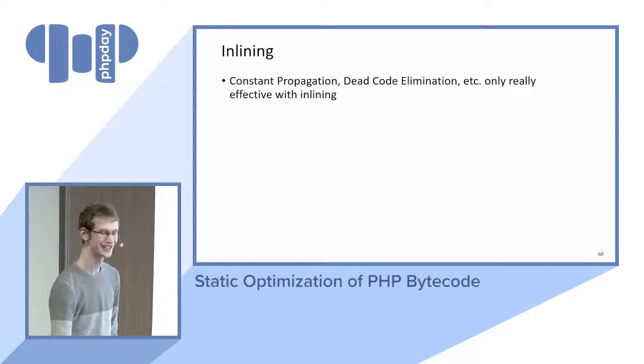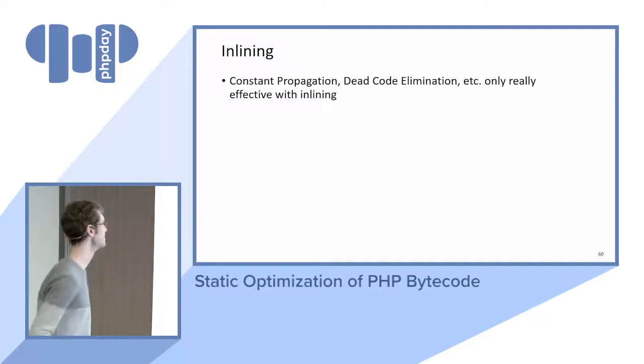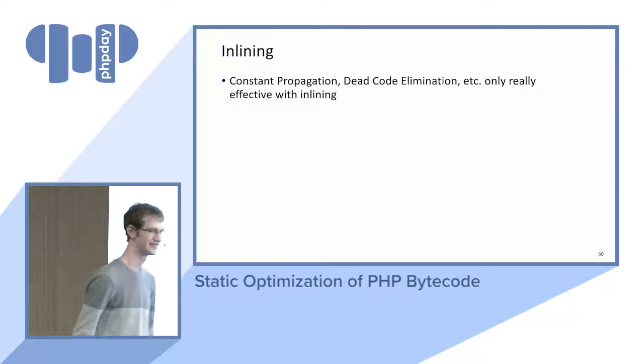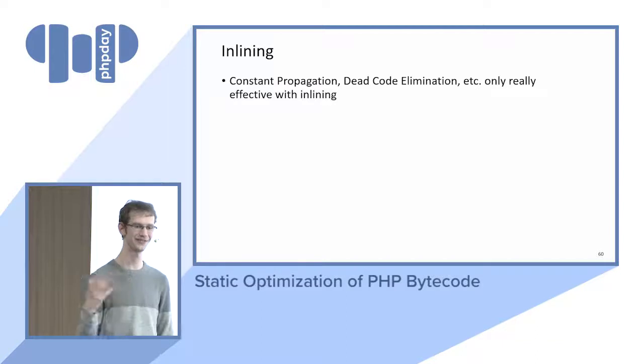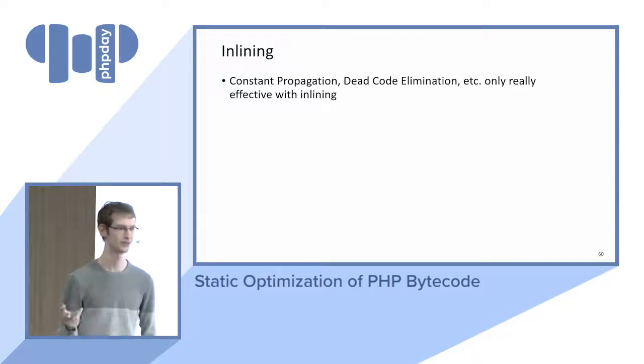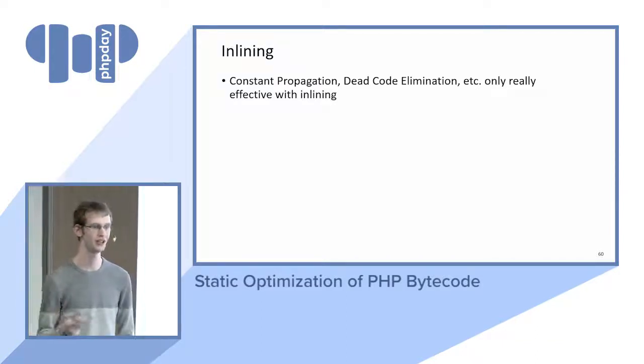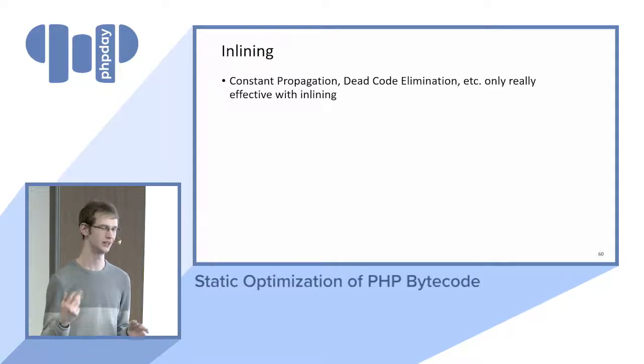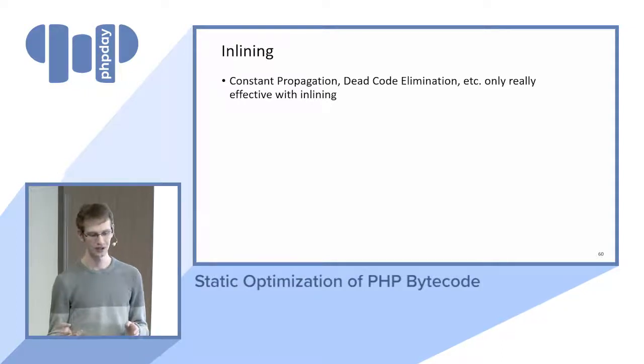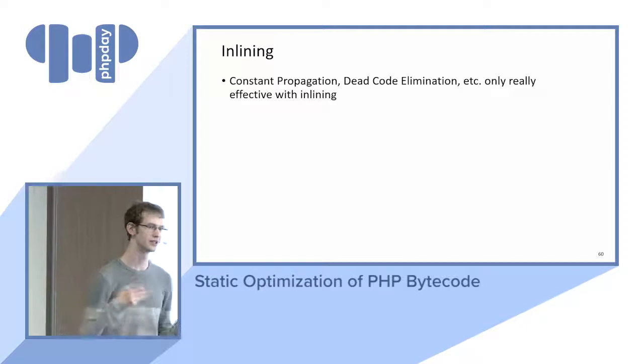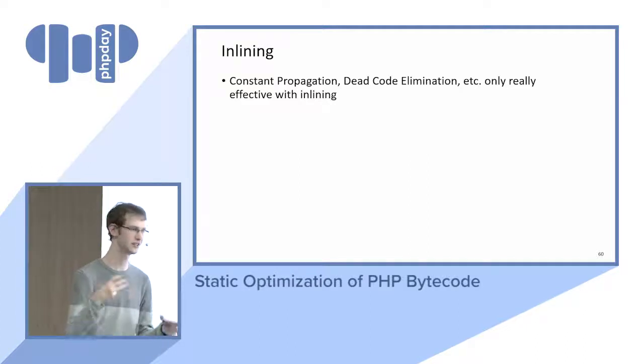So I already mentioned that some of the optimizations I've talked about before, like constant propagation and dead code elimination, are pretty dependent on inlining. Because usually programmers don't intentionally put dead code into their programs.